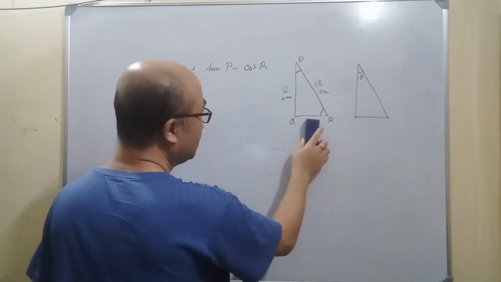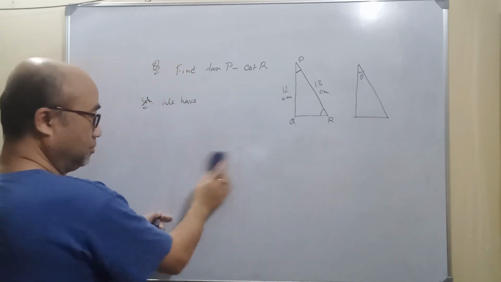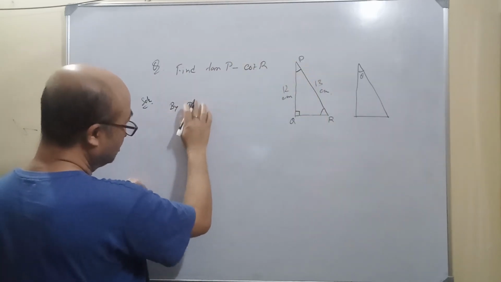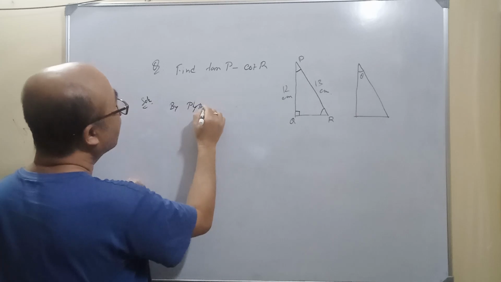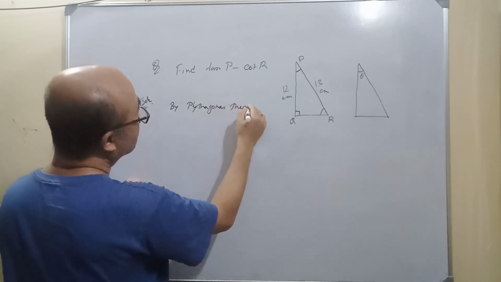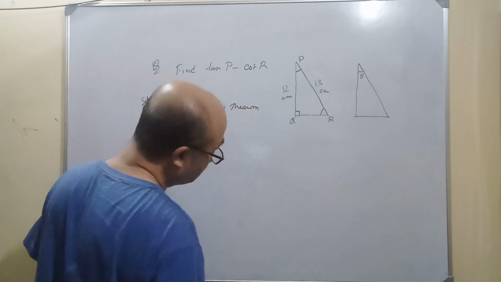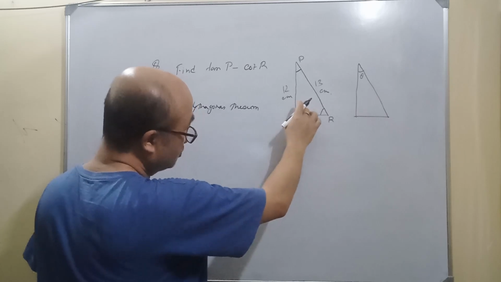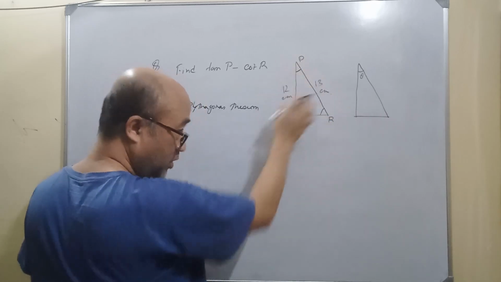That is by using the Pythagoras theorem. This angle is the right angle, so the side opposite to this is the hypotenuse.